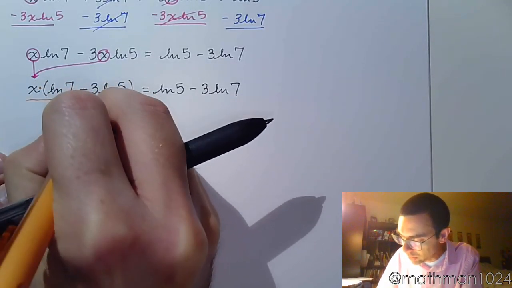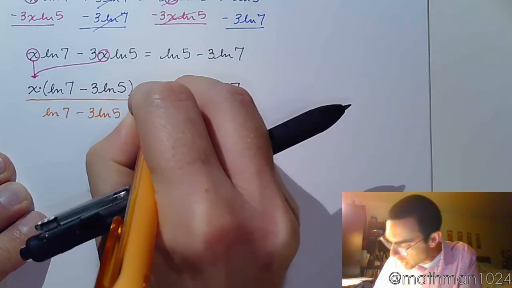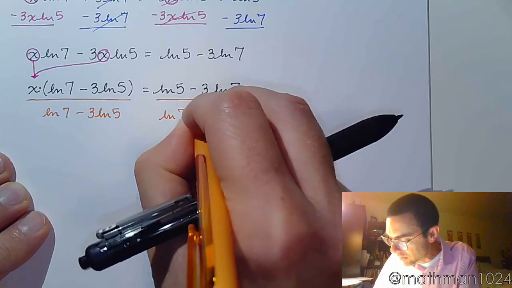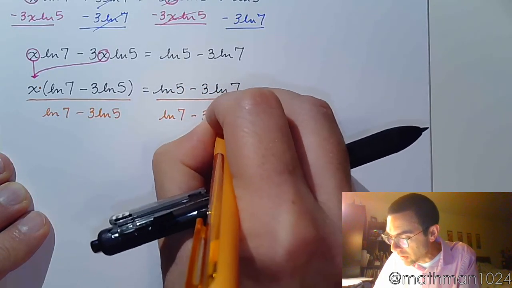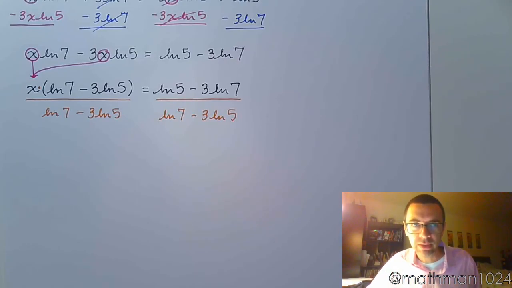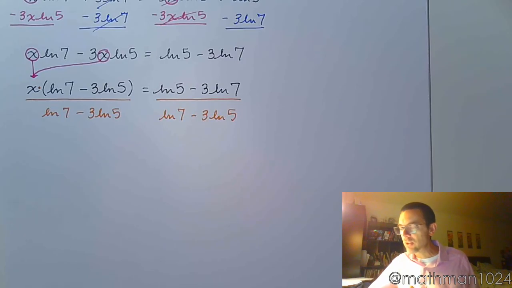Now I'm going to keep all of the natural logs here. I'm not going to put this into my calculator yet, because if I try to convert these guys into decimals early on, it's not going to be exact, and you're going to have to track your decimals every single step of the way. Instead, I'm just tracking natural log of 7, 3 natural log 7, things that are pretty straightforward, right?